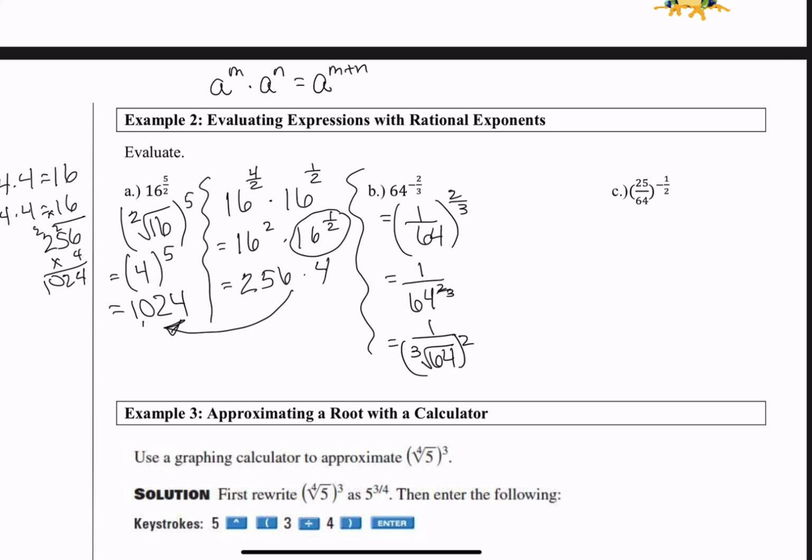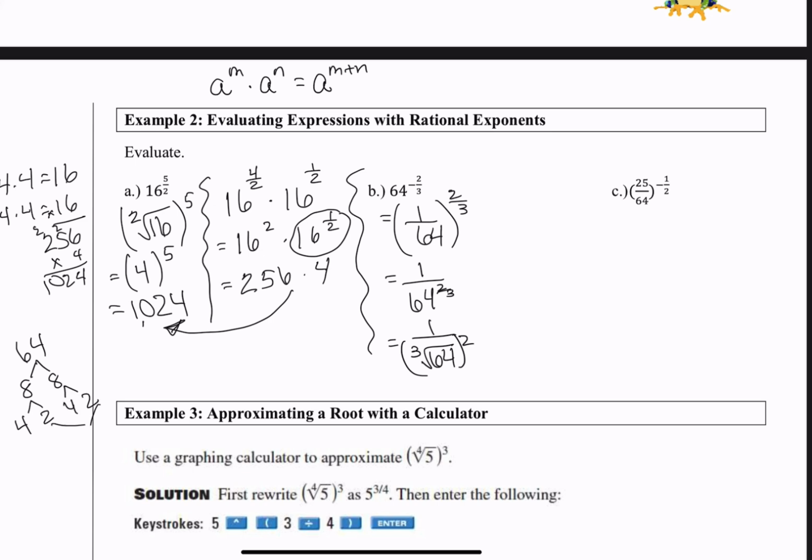All right, well, what is the cube root of 64? So now we need to go back to 64 and figure out some factors of 64. Well, I know that I've got 8 and 8, which breaks down to 4 times 2 and 4 times 2.